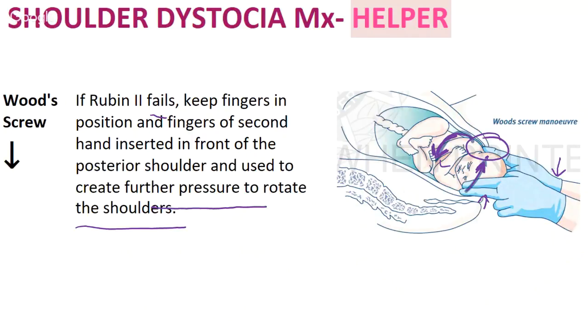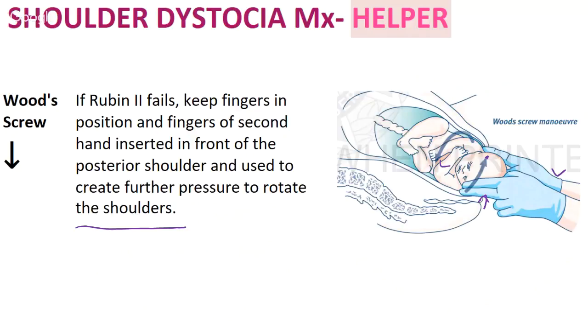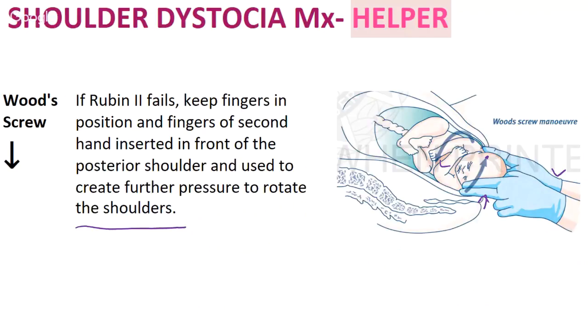Okay, so if that fails, then you go on to do the reverse wood screw. You need a picture in your head to see how any of this works, so compare it to this picture here. So that's how it was there. And so one finger is behind the anterior shoulder, and the finger is in front of the posterior shoulder.